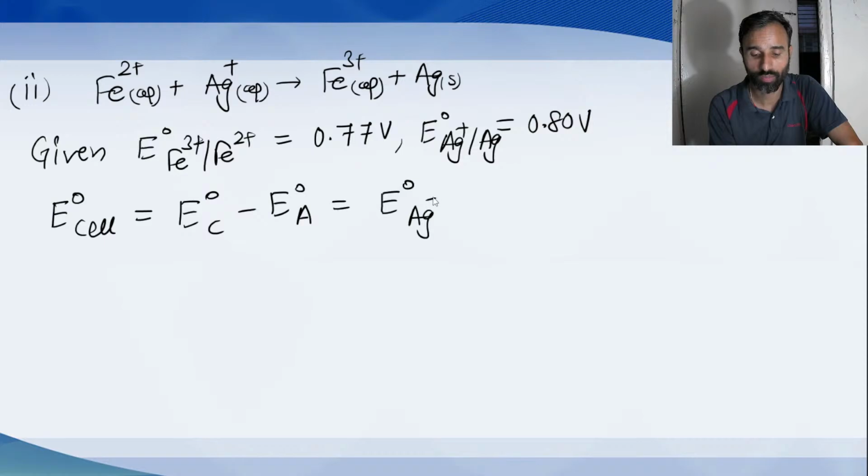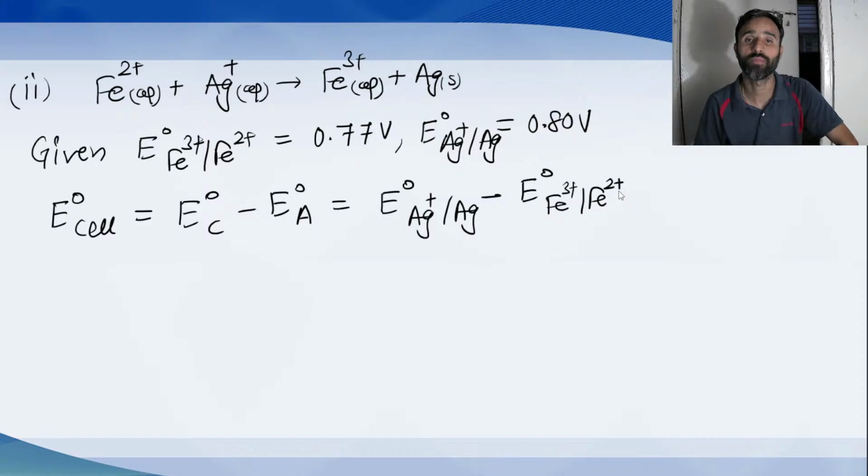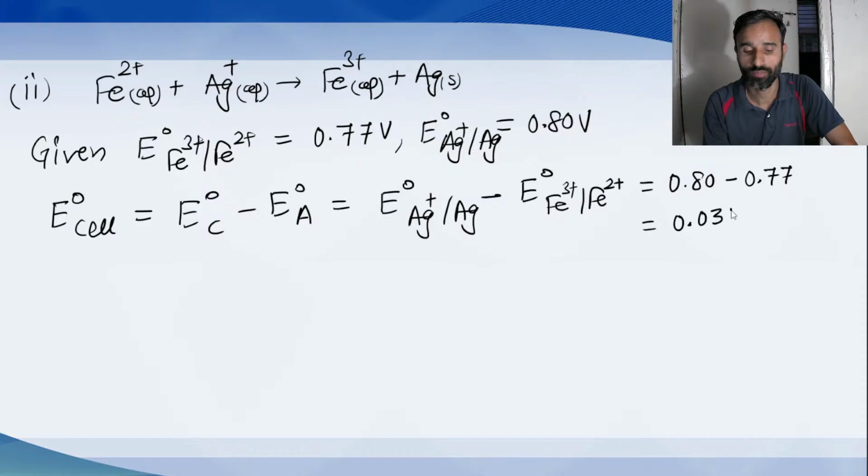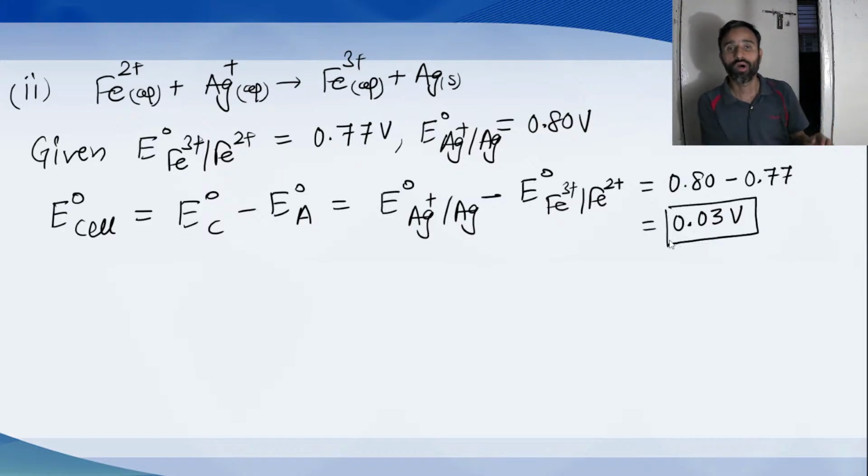So E naught silver, 0.80, minus E naught of iron, Fe3 plus to Fe2 plus, it is 0.77. Means it is 0.03 volt. So this is E naught cell of this particular cell reaction.